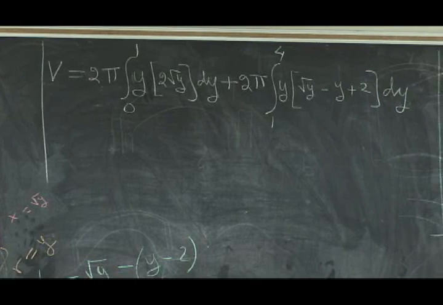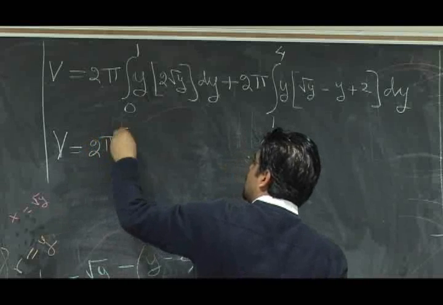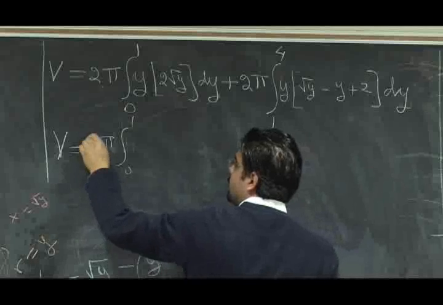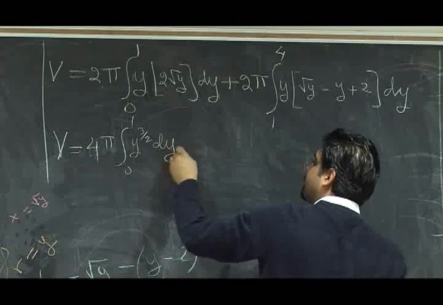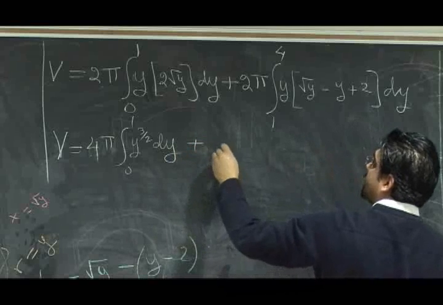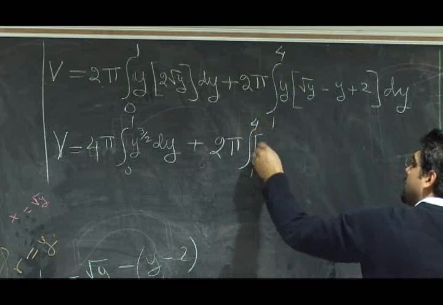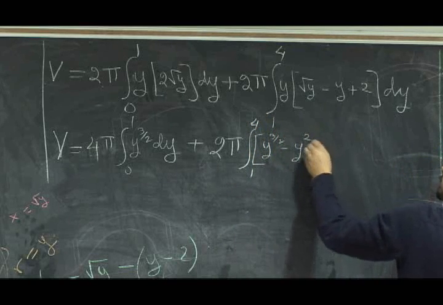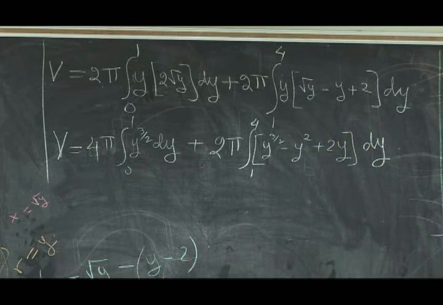Alright, so this is a little intimidating. Let's actually do this. 2 pi integral 0 to 1, and we could throw this 2 out here and just get 4 pi. It's y to the 3/2 dy, plus 2 pi integral 1 to 4 of y to the 3/2 minus y squared plus 2y dy.